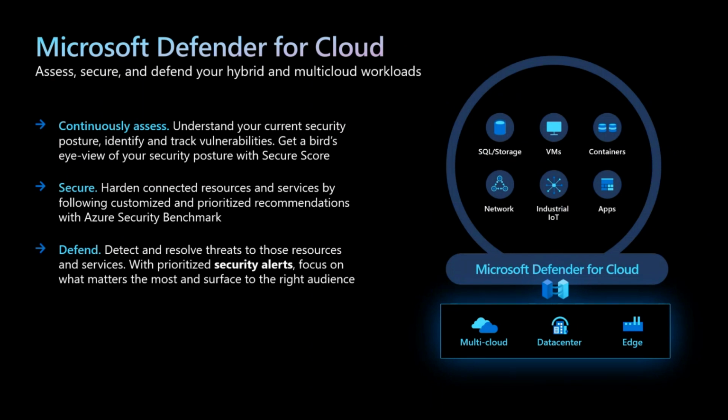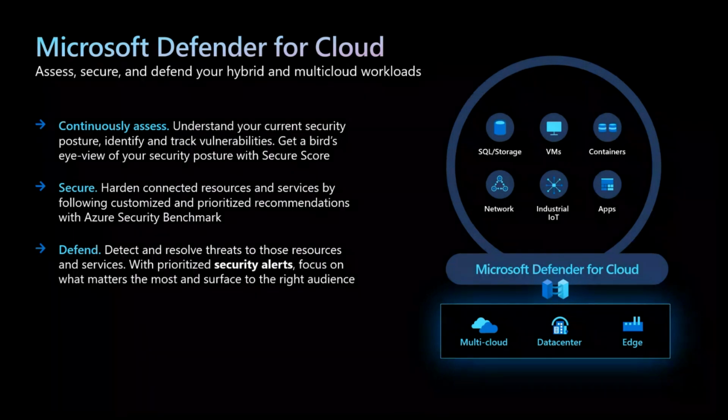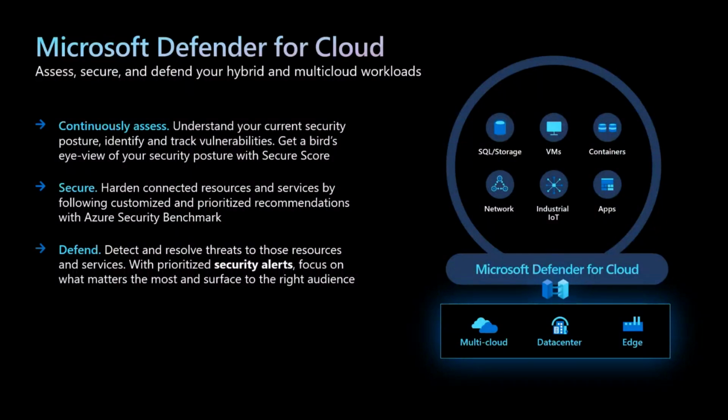Next thing is Defender for Cloud. I know we already covered most of these things, but there are mainly these three capabilities: continuous assessment, overall security, and the detect-and-resolve-threats solution that we get from the security alerts that Defender for Cloud generates.